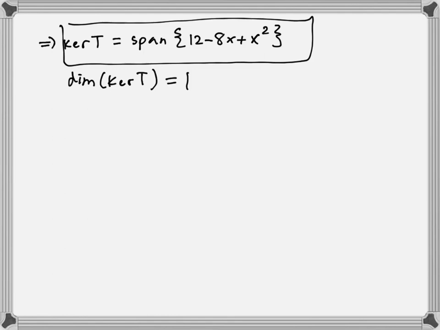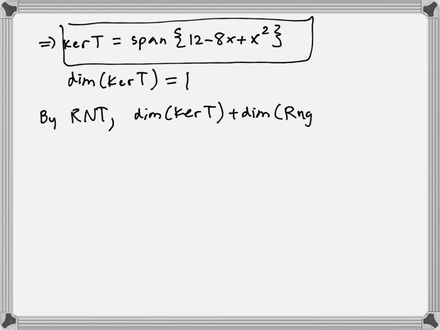Now, you'll notice that I haven't used the rank nullity theorem yet, but I am about to use it. We now want to find the range of T. Let's write down the rank nullity theorem. By the rank nullity theorem, the dimension of the kernel of T plus the dimension of the range of T has to equal the dimension of V. What's V in this case?